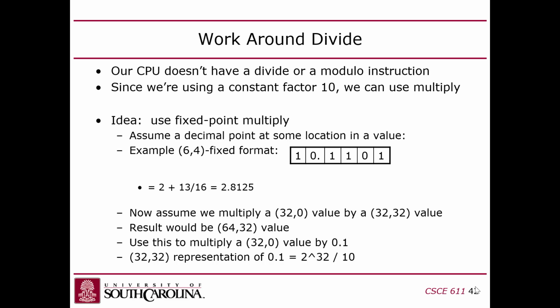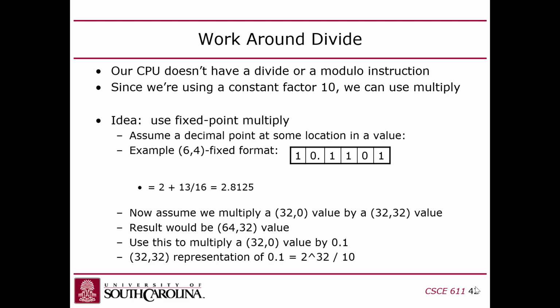Fixed point is where you use an integer and you apply a scalar to the integer. So let's say you have an 8-bit number. There's 8 bits, and you just treat it in your code as if the decimal point is here, for instance.